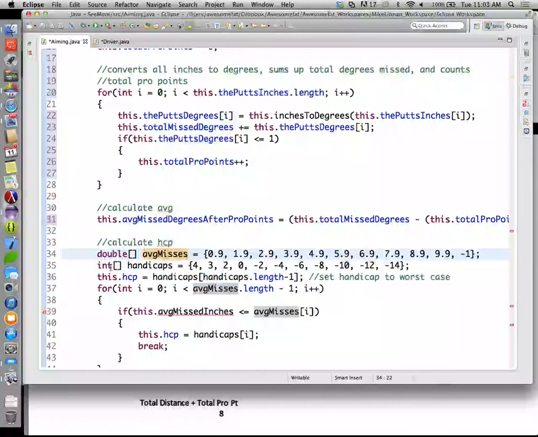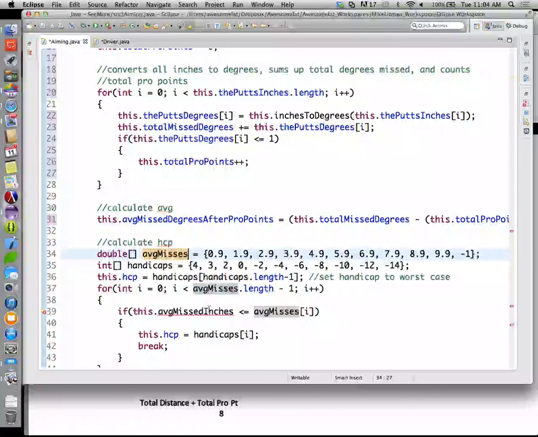All right, now here is our scale for points missed, or our average misses and handicaps. So we probably don't want to call this, well, average misses is fine. It's related to this, and the related handicap.